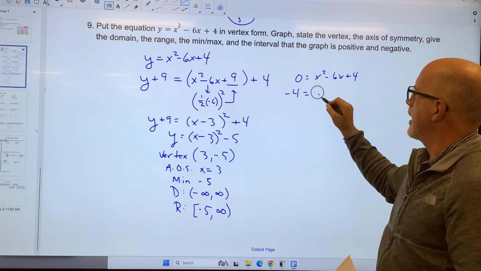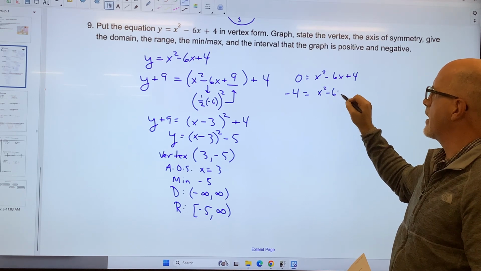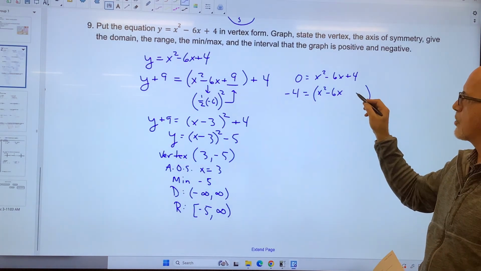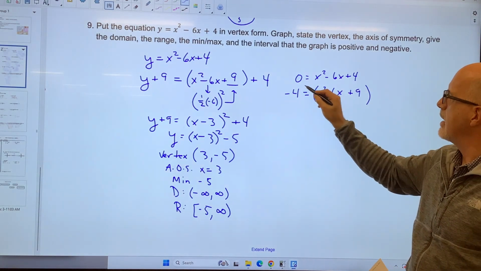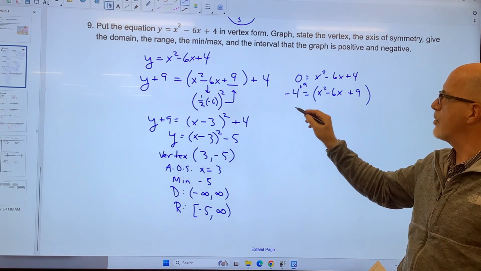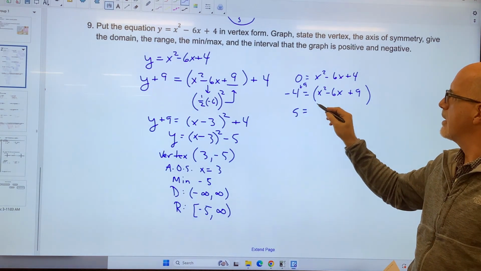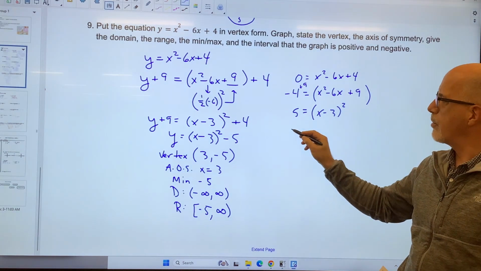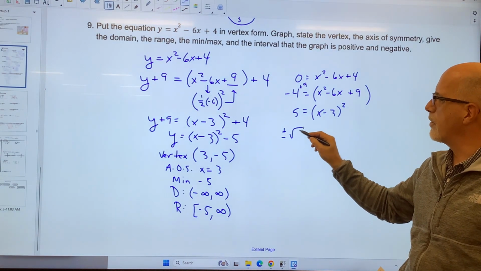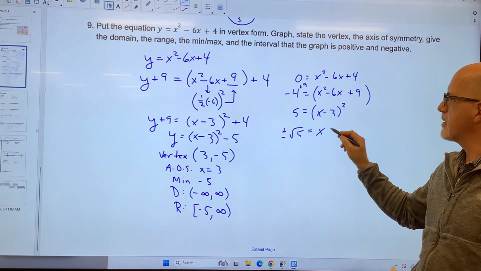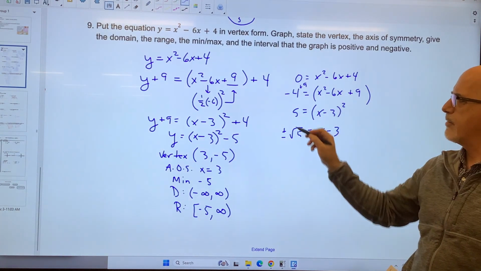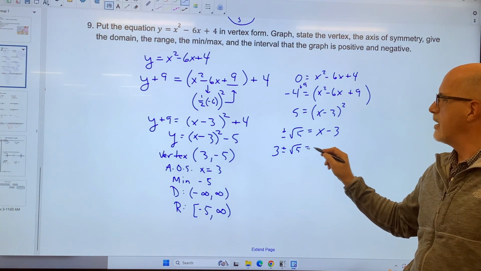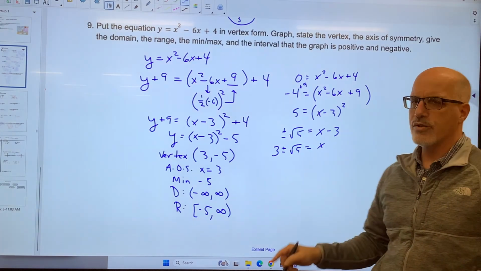So you get x squared minus 6x, group those together, take half of the -6, square it, and you get 9. Add 9 to this side, and so you'll get 5 equal to x minus 3, the quantity squared. Take the square root of both sides, so you get plus or minus the square root of 5 equals x minus 3. Add 3 to both sides, you get 3 plus or minus square root of 5 equals x. So we want those two values.